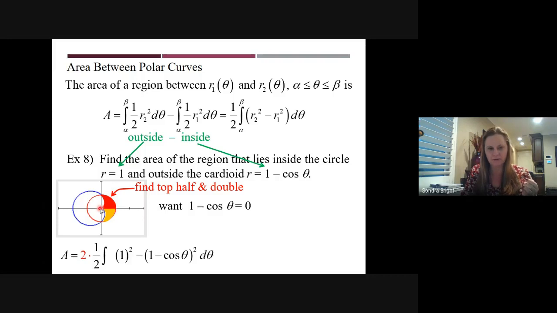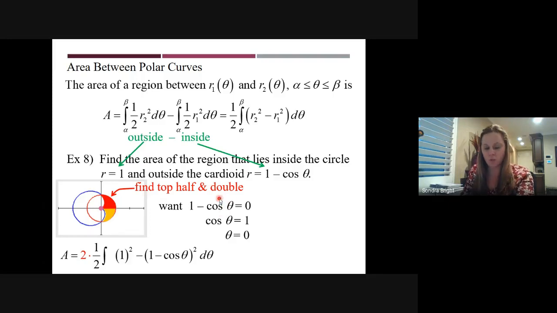Right here. So you set 1 minus cosine of theta equal to 0. Not where they intersect, because I'm only finding the top half, so we're only finding above here. I want to start when your r is 0, right here. Setting the cardioid equal to 0 gives cosine of theta is 1, which gives you theta equals 0.